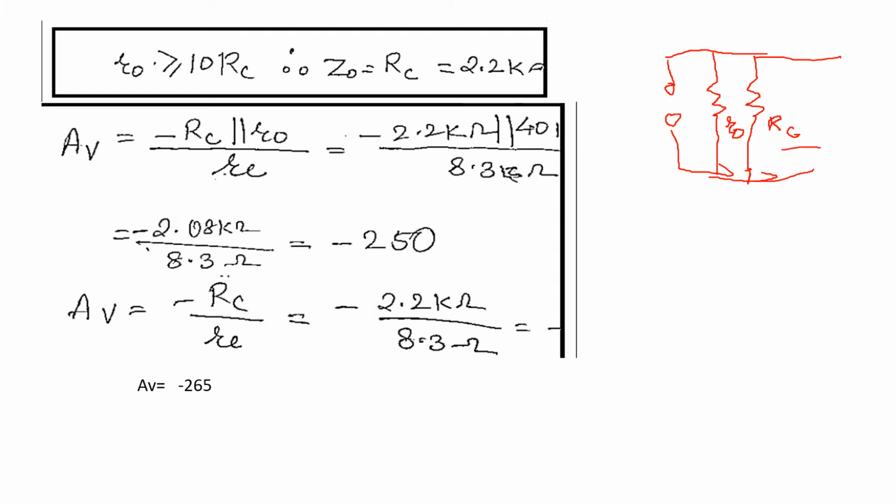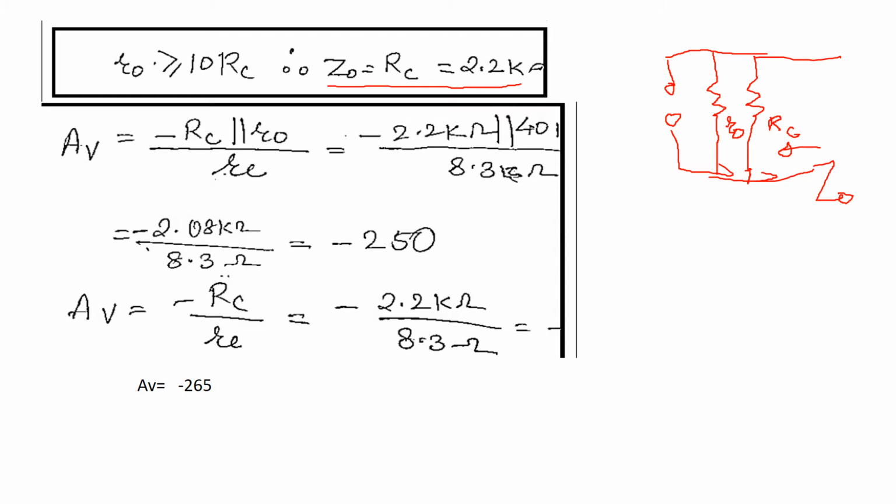Find your output impedance by looking back into the network. So Z0: since R0 is greater than 10 times RC, Z0 will be directly equal to RC. This has simplified your relation. So Z0 is equal to 2.2k.